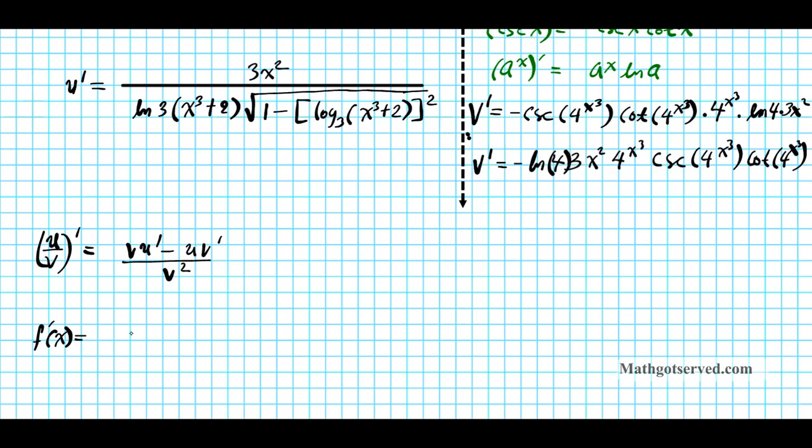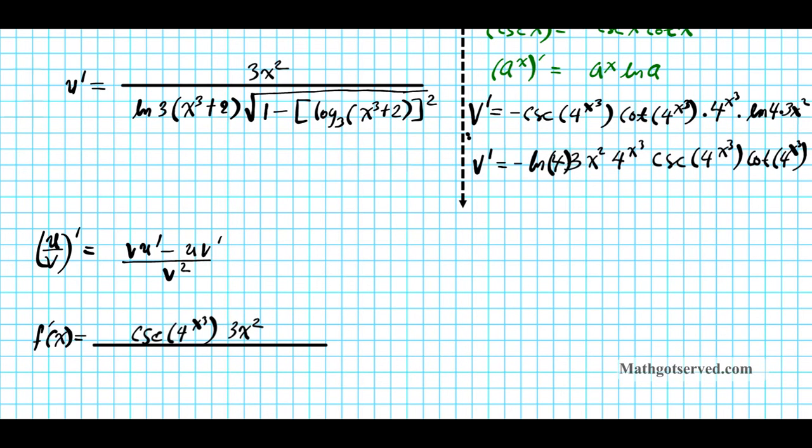So v is cosecant 4 to the x to the third times u prime, which is 3x squared. So let's put 3x squared here, doesn't really matter. 3x squared over this entire thing.